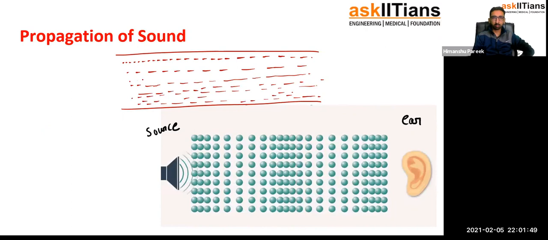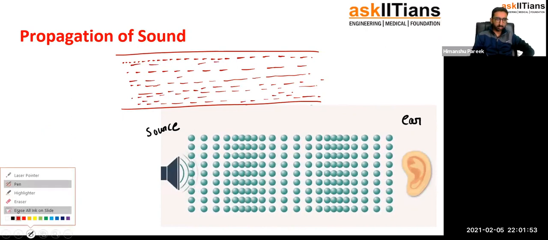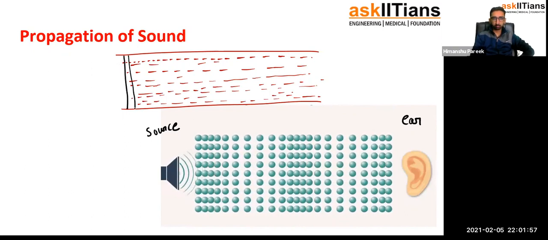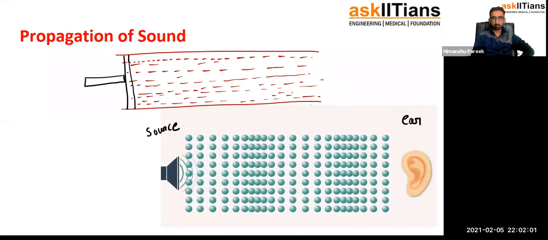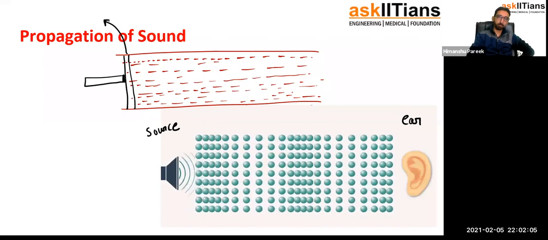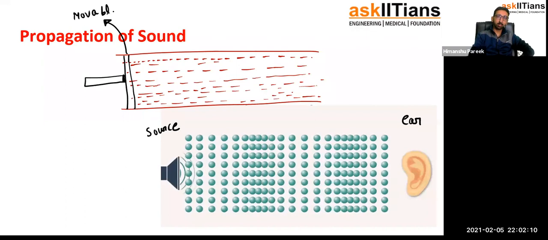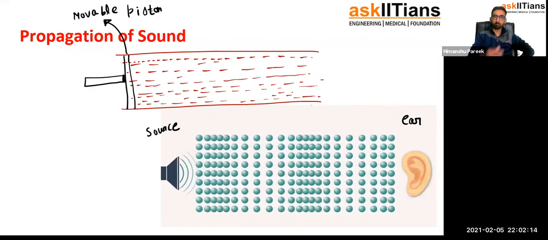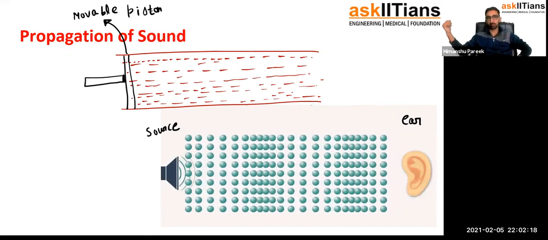And on one end, let me put a piston over here. That is the piston. It's a movable piston, so you have the handle. With the help of this handle, you can move the piston forward, and you can bring it backwards.